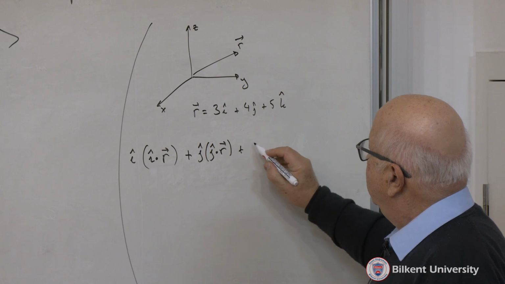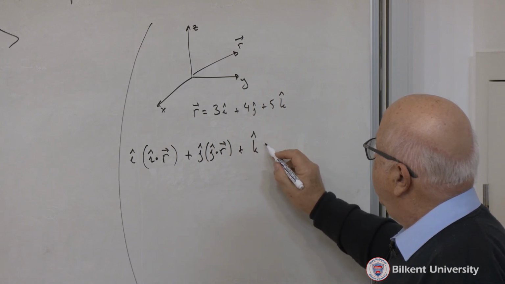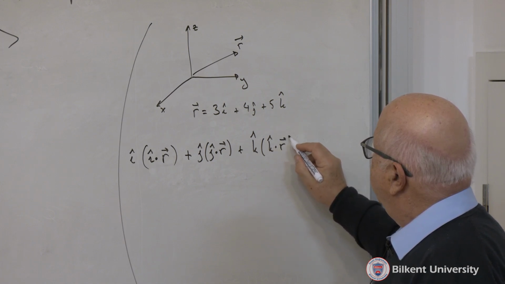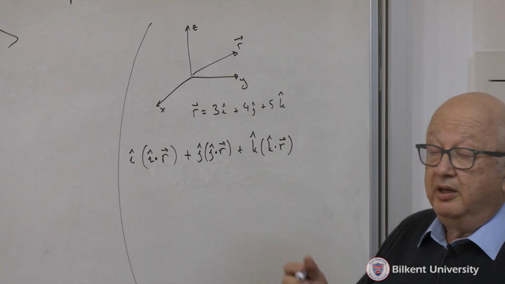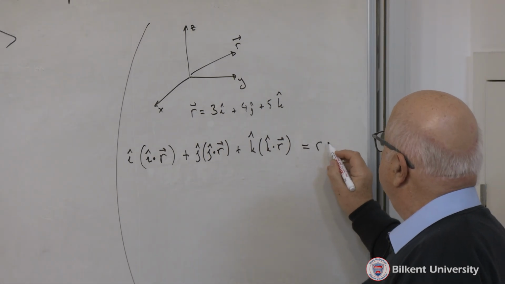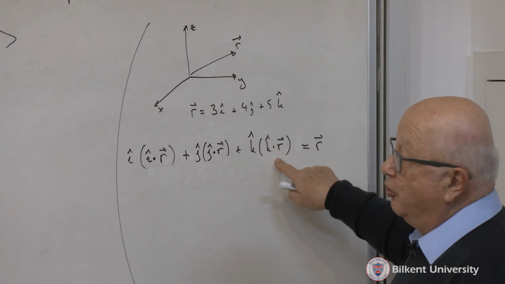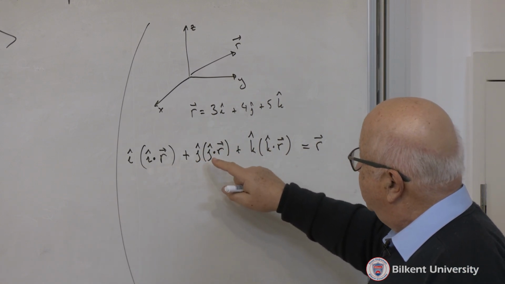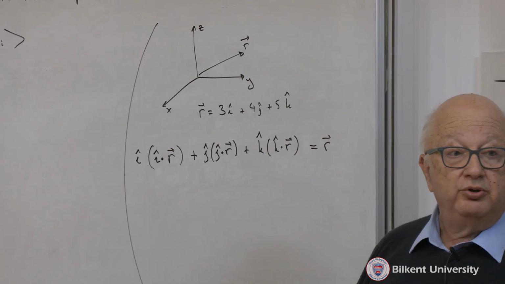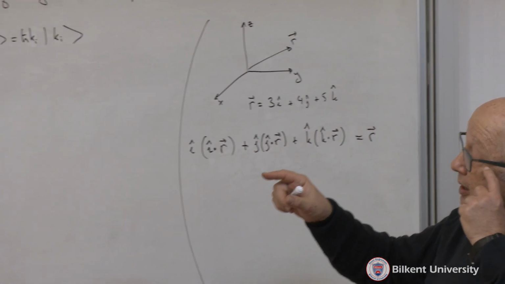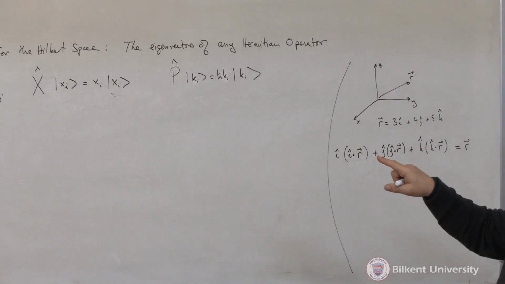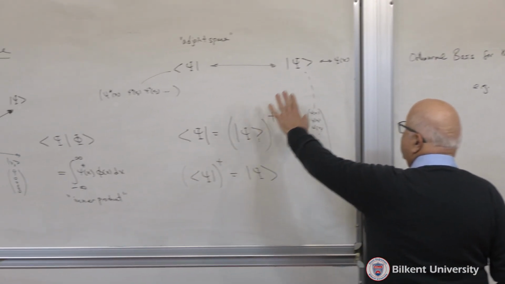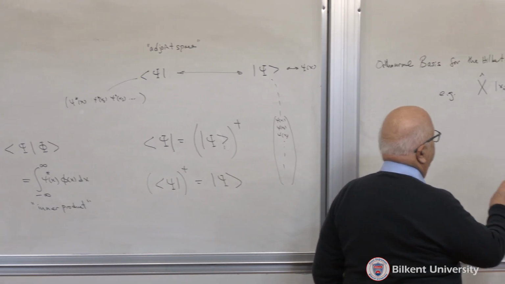And finally, I use k and k dot r. What do I get? I'll get my r back, right? Because I look at each component one by one, x component times the unit vector in that direction, y, etc.